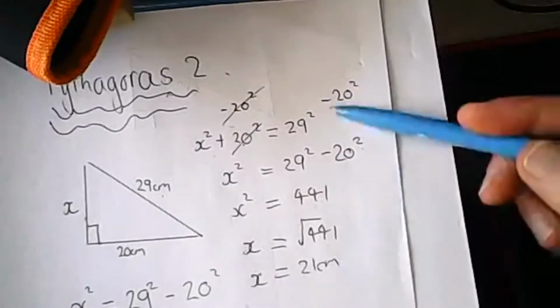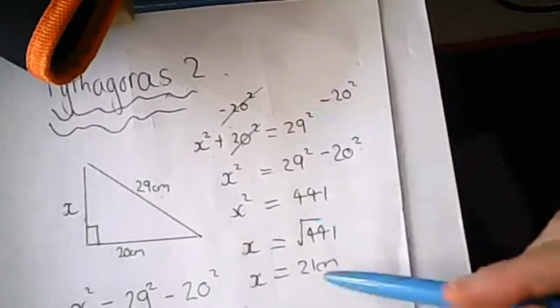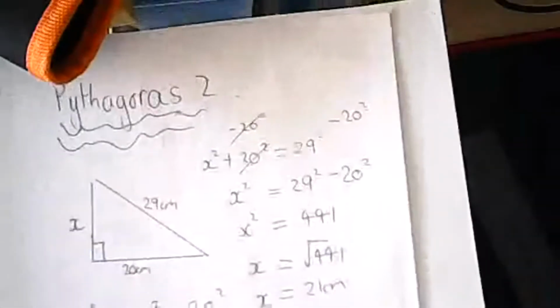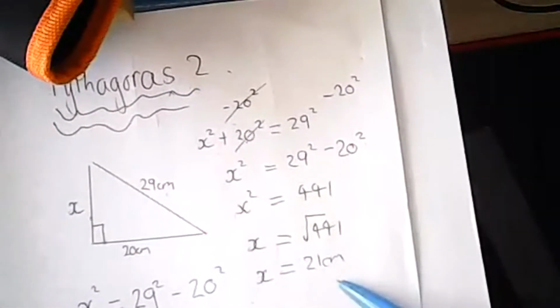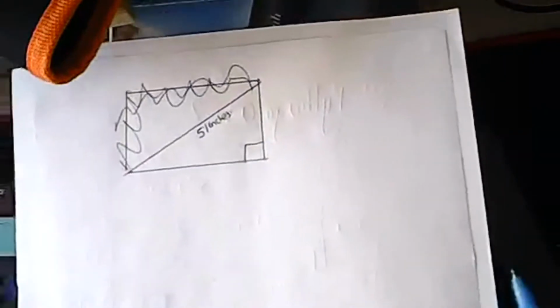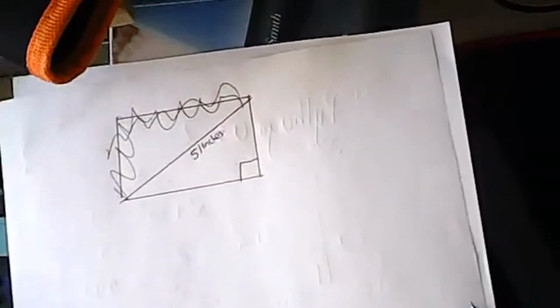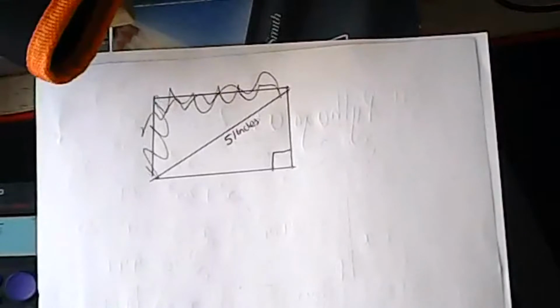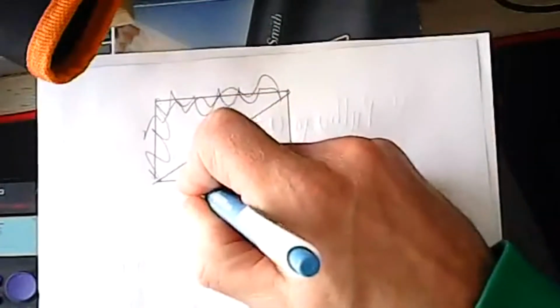The working out doesn't have to have units. It's the last bit that needs to have units. So whenever you do a maths question, always ask yourself, do I need units? Right, back to the TV then. 51 inches for the diagonal, and we've got 44.5 inches wide.